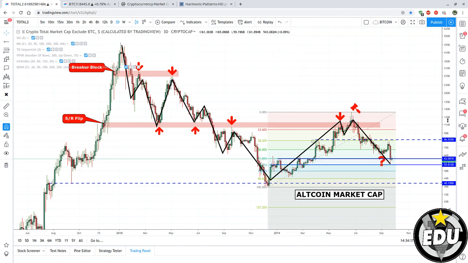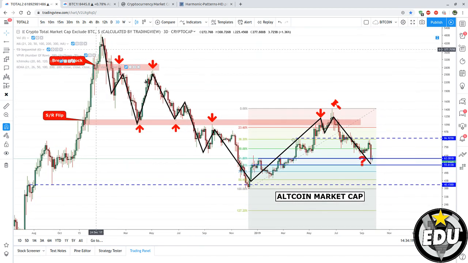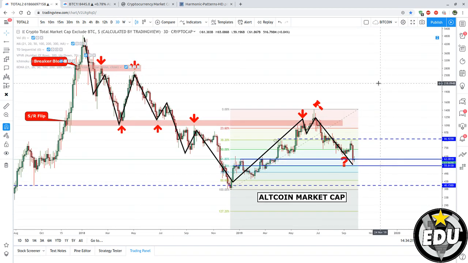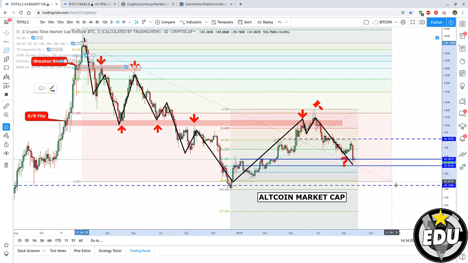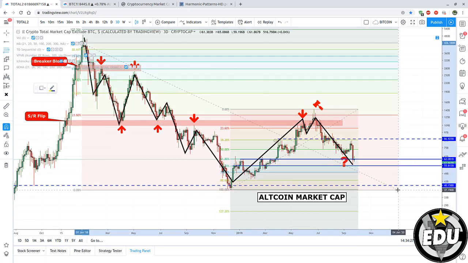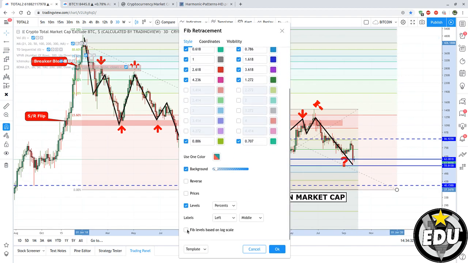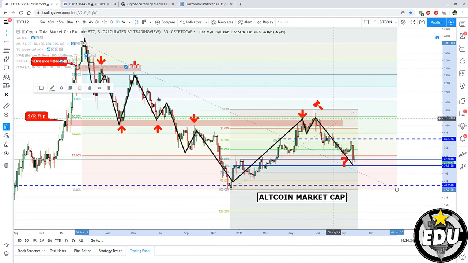61-70% retracement. It's a good retracement. Of course, the overall trend is bearish. Let's see how much retracement there was. This is not logarithmic. 50%, of course. 50%. Perfect.